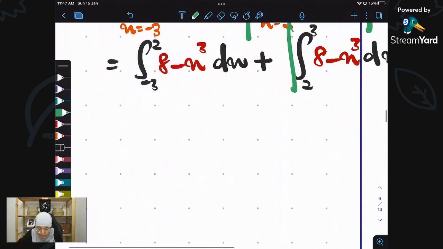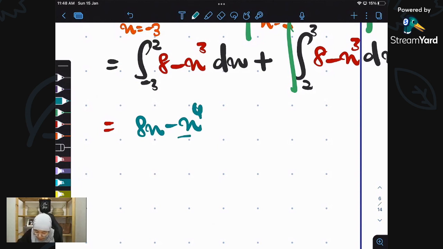So now we are ready to integrate it. So by now you mesti sudah pakar buat definite integral, betul tak? So bila you dah pakar, you tak perlu takut. You akan dapat jawapan 8x tolak x kuasa 4 bahagi 4.